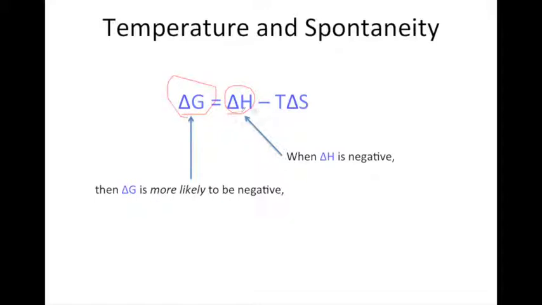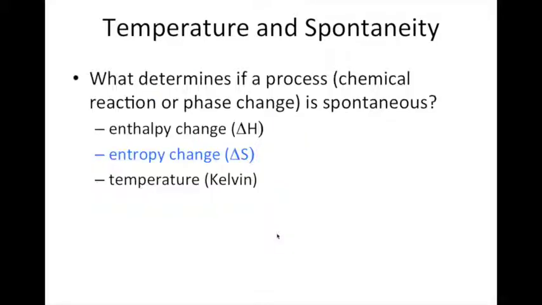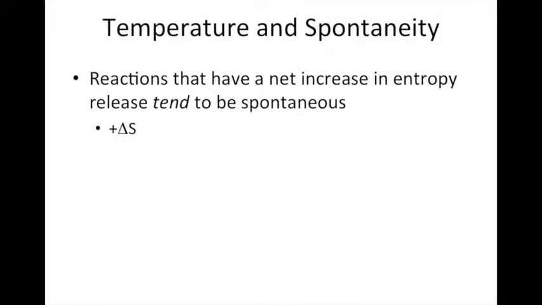So the larger, more negative this value is, the more likely delta G is to be negative. The more likely delta G is to be negative, the more likely the reaction is to be spontaneous. And of course, we could say the opposite. If delta H is positive, then delta G is more likely to be positive, and the reaction is more likely to be non-spontaneous.